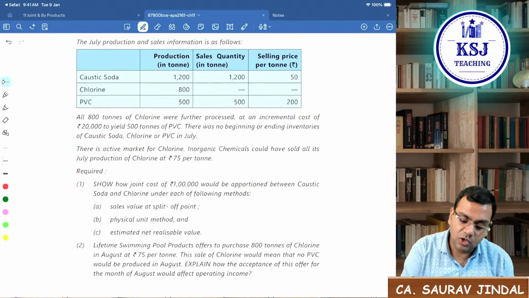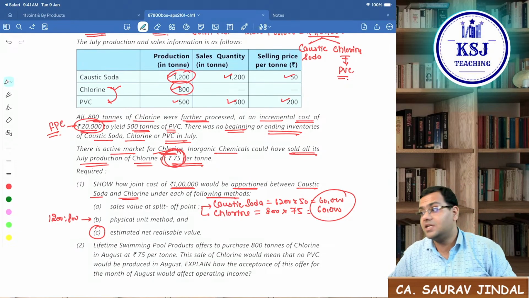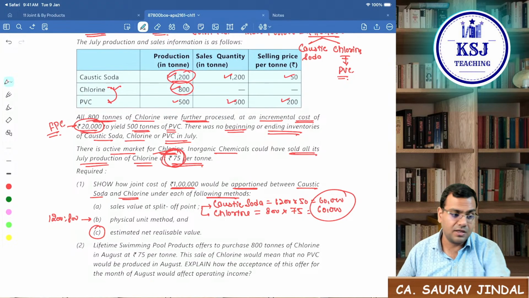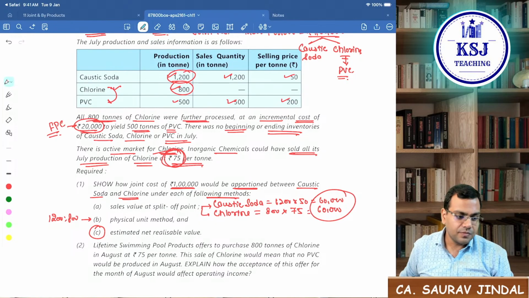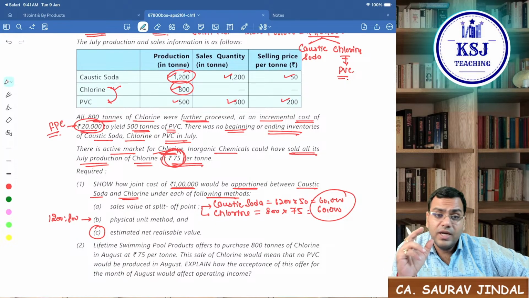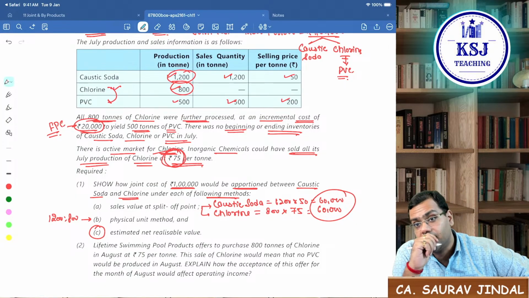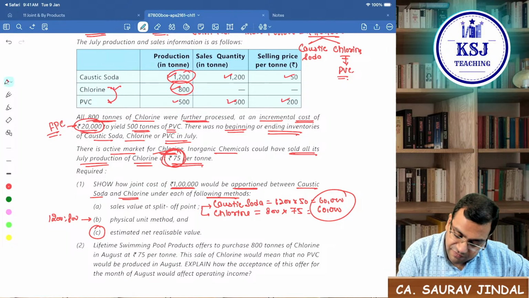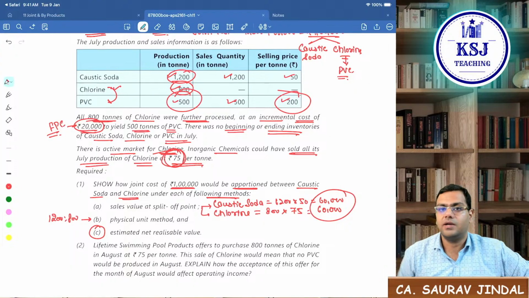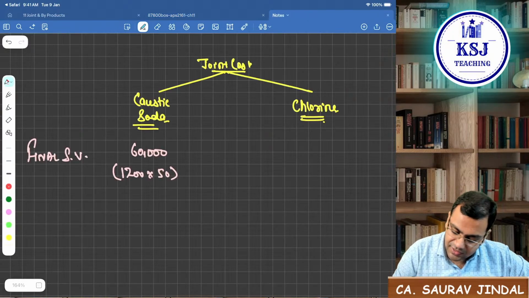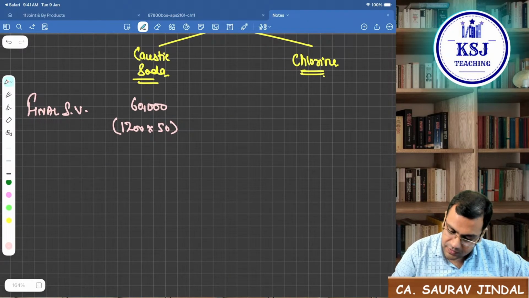Now for chlorine, what will be the final sales value? As per the present method, sir, at present, the chlorine is being further processed into PVC. Then it is being sold. So final sales value will be 500 multiplied by 200, that is 1 lakh.